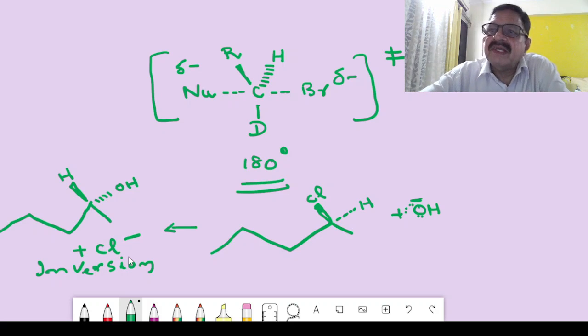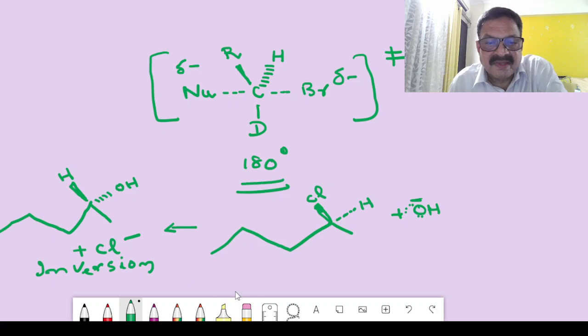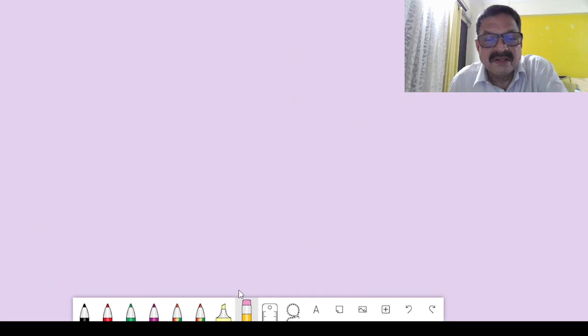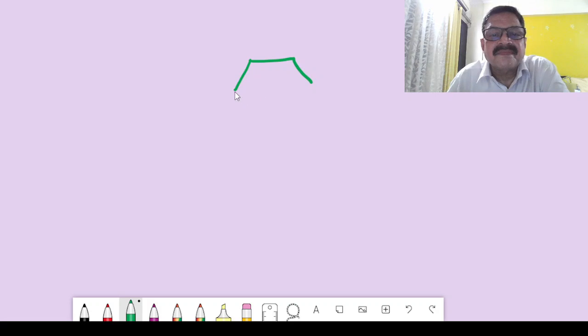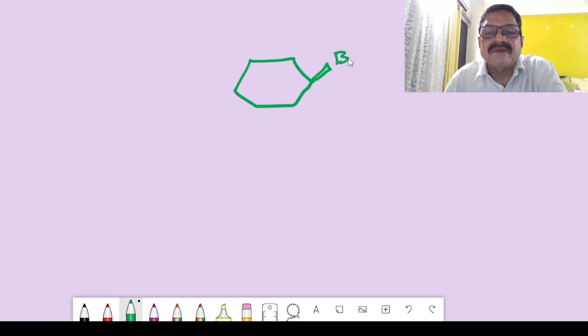Now, if you see another problem, now it is an Sn2 reaction in this compound here. So the carbon bromine bond is here. This bromine is a leaving group.